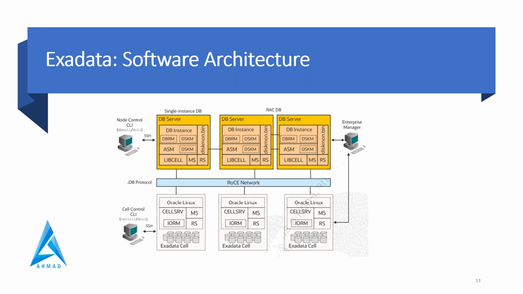This Exadata database machine software includes components on the database server and on the Exadata cell. Starting with Oracle Exadata Database Machine X8M-2 socket, Oracle Linux KVM is the virtualization technology for systems that use ROCE network fabric.